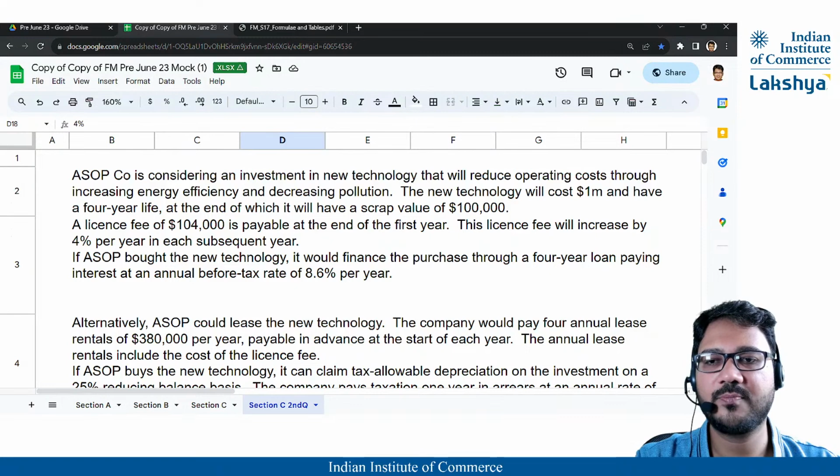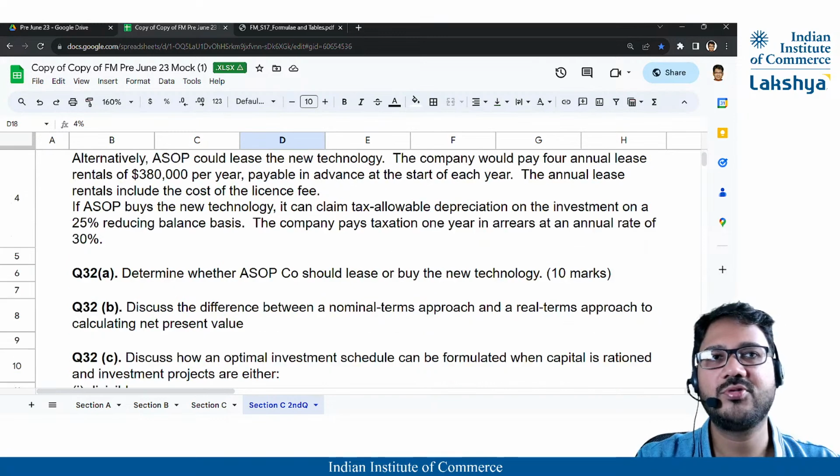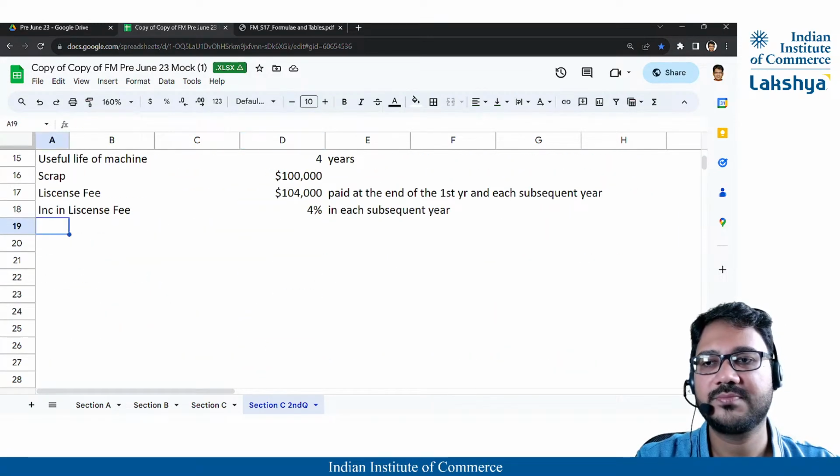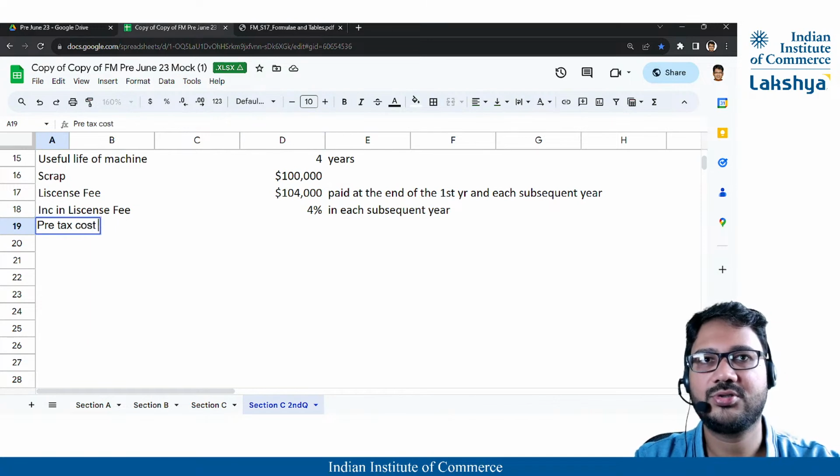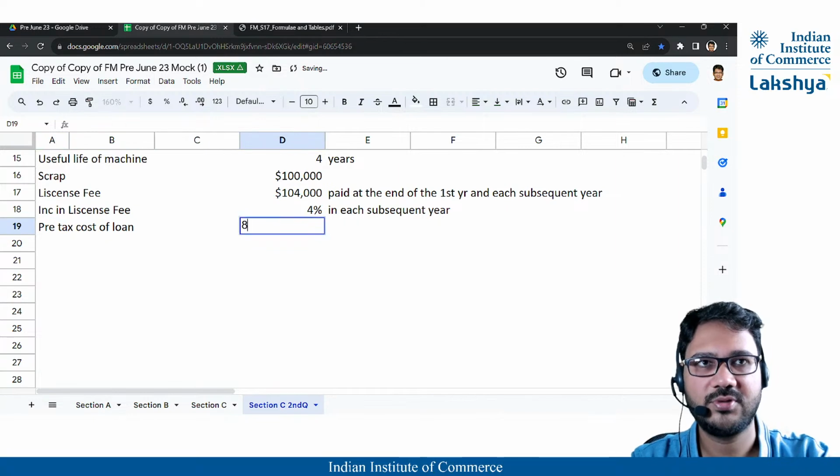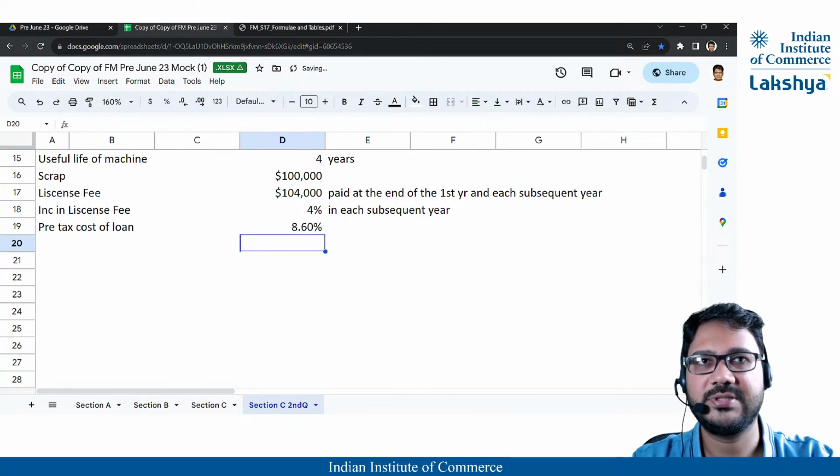If ESOP bought the new technology, it would finance the purchase through a 4-year loan, paying interest at an annual before tax rate of 8.6% per year. So we have our pre-tax cost of loan equal to 8.6%.